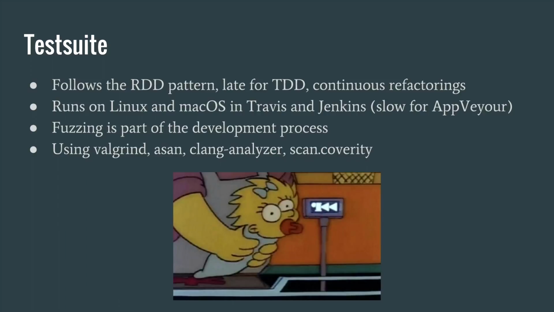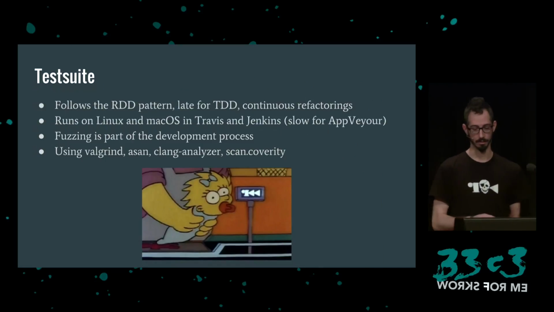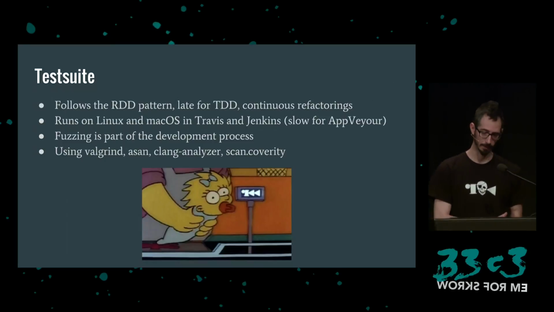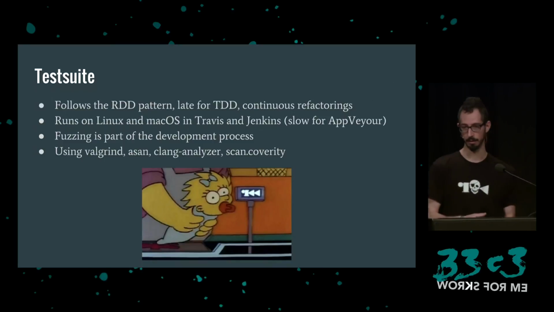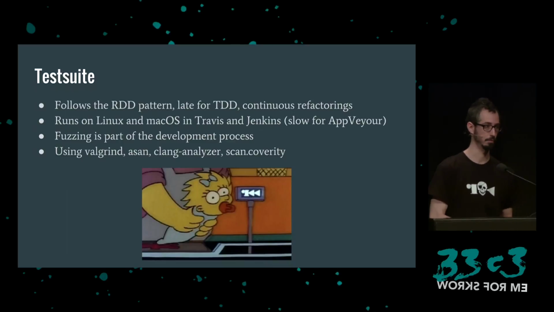TDD is test-driven development, and this means that you write the test before writing the code. As long as the code is already there, I have to write the test after this. And as long as we are doing continuous refactoring of everything in order to improve the stability, portability and reliability of the code, some bugs can reappear. So it's important to test everything.